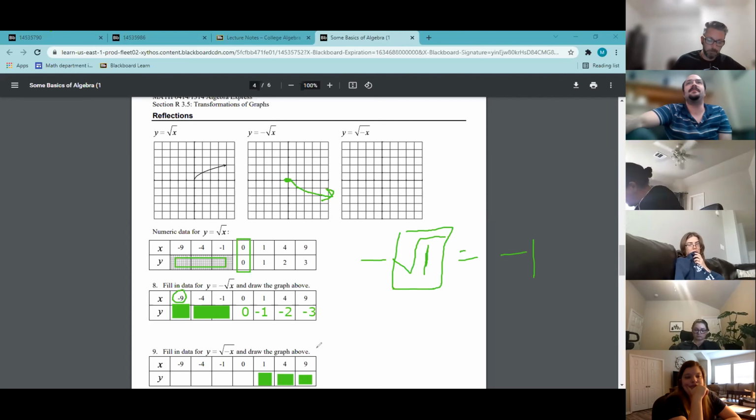If I throw a 0 into this thing, I'm doing a -0, still 0. That gives me 0. I throw a negative on the 1, it becomes +1, and I can plug it into my square root as a 1. This becomes +4. I plug it into the square root, it becomes 2. Then +9, plug it into the square root, and it becomes a 3.